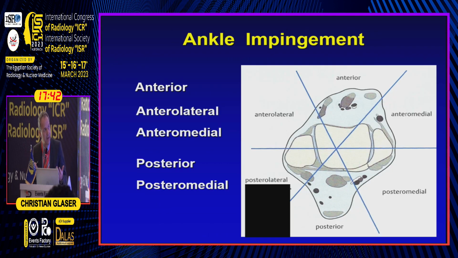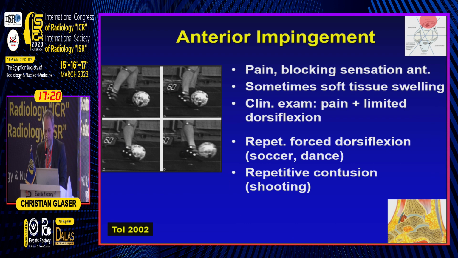So typically, classically, ankle impingement is addressed by location, like you go clockwise or sextant-wise, and the more frequent occurrences of ankle impingement will be anterior, anterolateral, and posterior, as opposed to anteromedial and posteromedial that tend to be a little rarer.